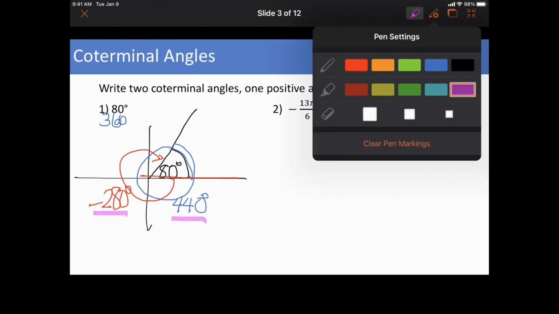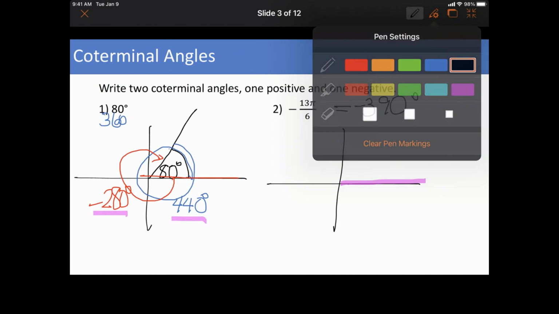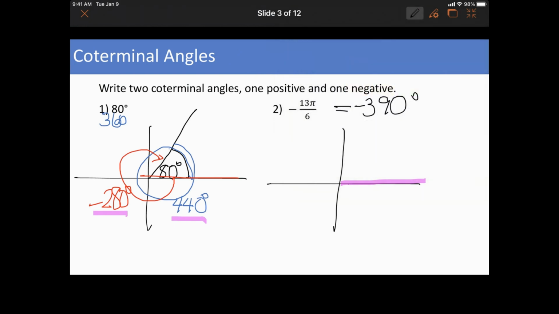All right, next one. We can do it in radians, or we can change it to degrees. So this is negative 390. So that is one. Okay, remember we start here. So that is one full rotation and a little bit more, 30 more, right?